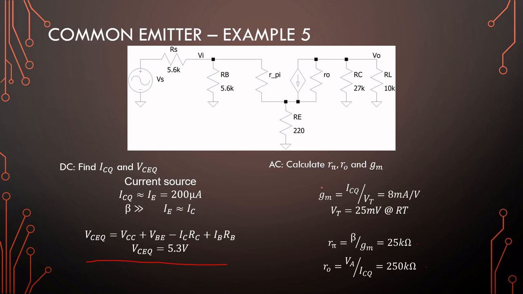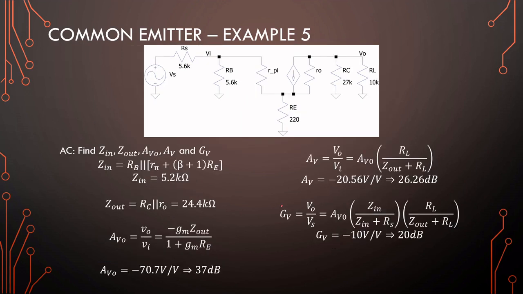Okay, so our small signal parameters are very much the same as the previous problem. Now this is not a parallel combination anymore. Zin tends to be closer to RB, and everything else kind of remains the same. Minus 70.7 dB, minus 20.56, minus 10 volts per volt.